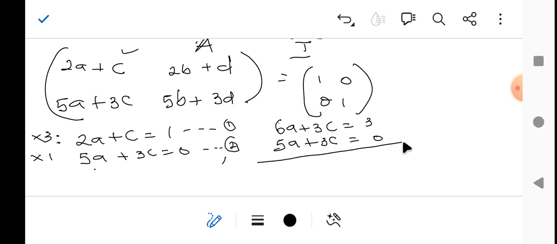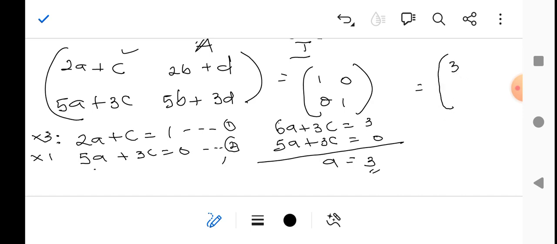If I subtract these equations, I'm going to have 3 minus 0, which is 3. So 3c minus 3c will be 0, and 6a minus 5a, I will just get a. So my a here is 3. Right, so I've gotten the first element in my matrix.